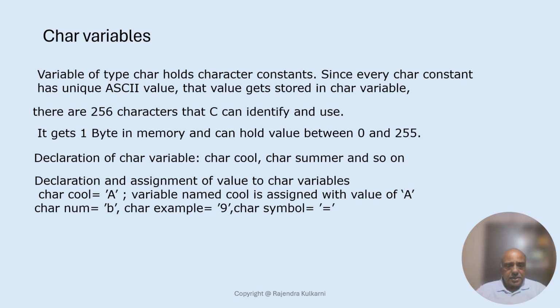The digit 9 is getting assigned to a char variable named example. Char symbol is equal to, in single quotes, the equal to symbol, that gets assigned to a variable called symbol.